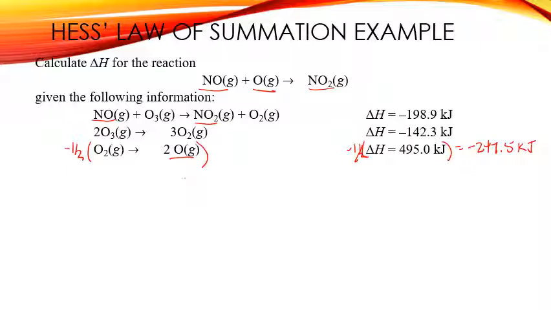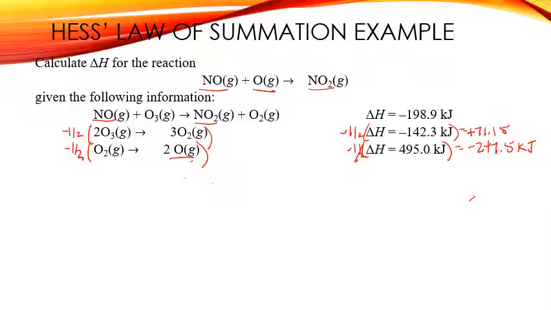I also have O3 as a reactant on each one, so I'm going to flip the second reaction, and I'm also going to multiply by 1/2 again. So when I do that, multiplying by a negative 1/2, that will give me a positive 71.15.